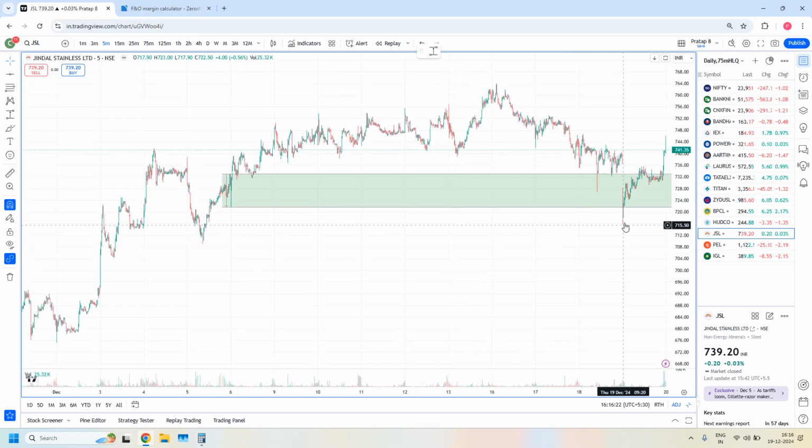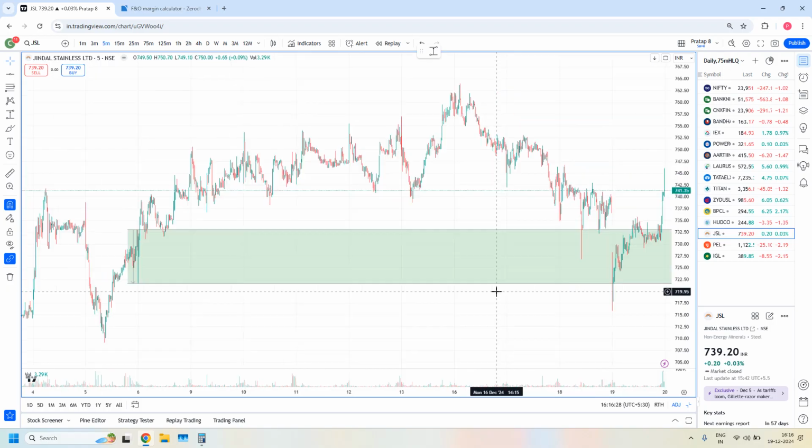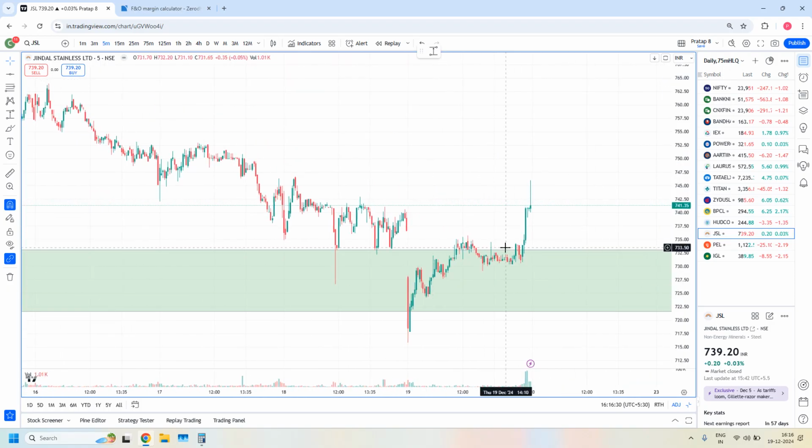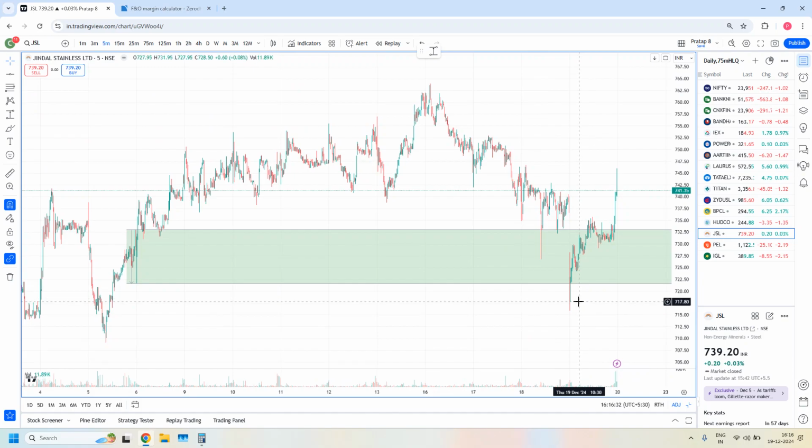Maybe below that some zones might be there, because as per our software, we are always looking for stocks near the zones. This kind of situation happens once in a while. Maybe every 2 or 3 months, you will see such scenarios.